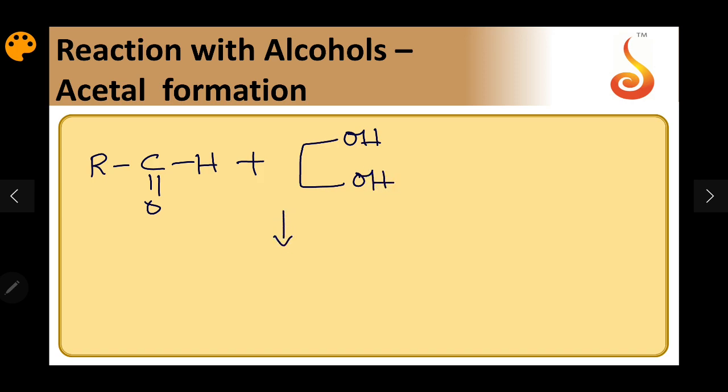Now what happens, the aldehyde or ketone gets converted into a cyclic acetal in this format. So instead of OR OR, the same molecule will give both the oxygen atoms and always forms a cyclic acetal. So this cyclic acetal reaction is used in protection of carbonyl group in synthetic applications.